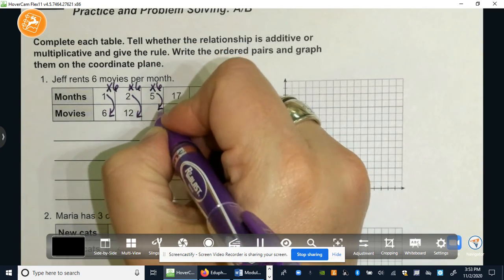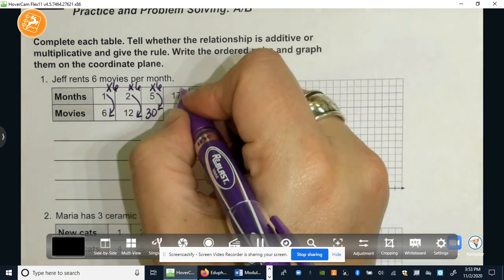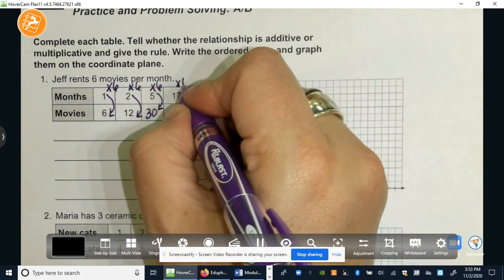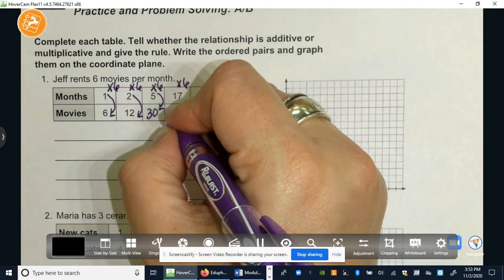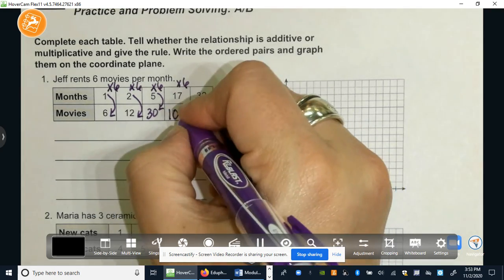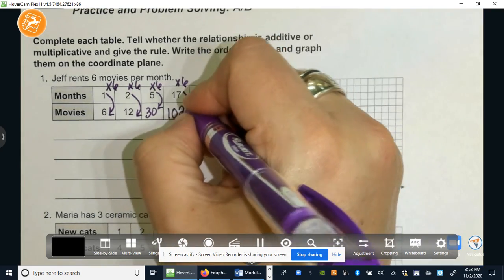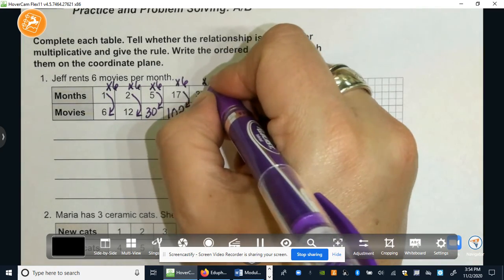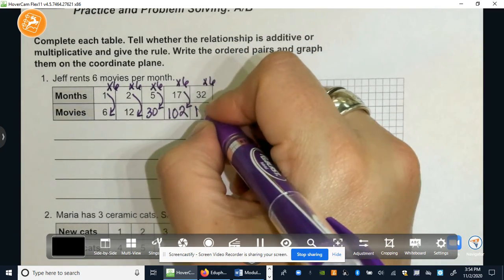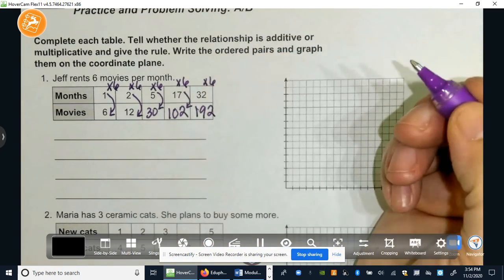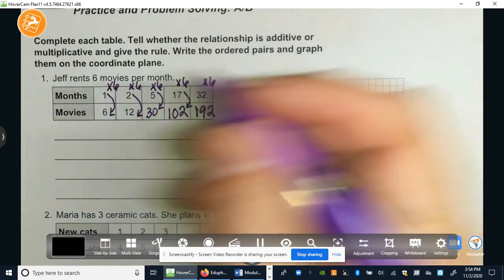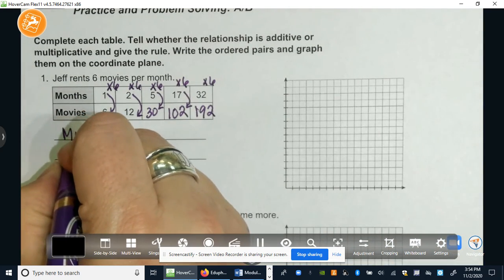So 5 times 6 gives me 30. 17 times 6 gives me 102. And 32 times 6 gives me 192. All right, so this is a multiplicative rule.